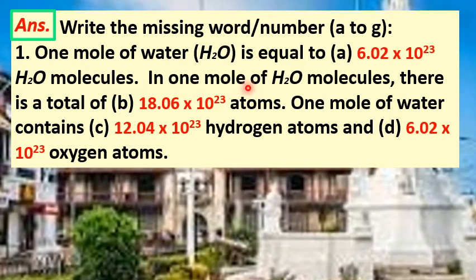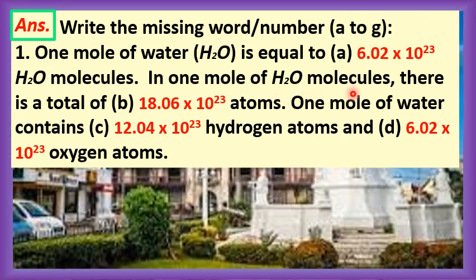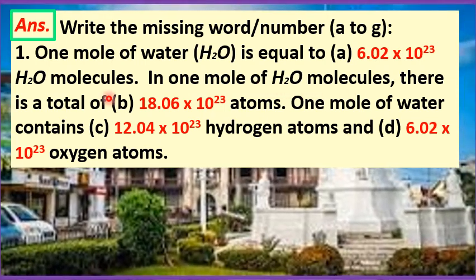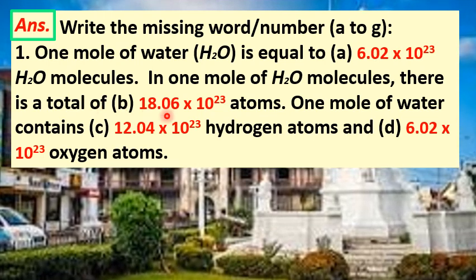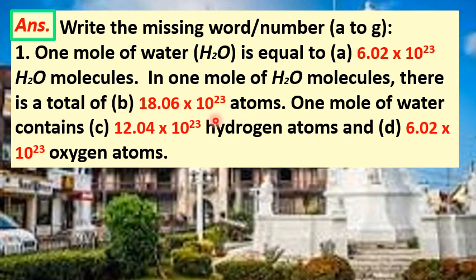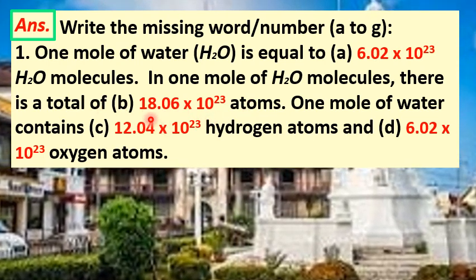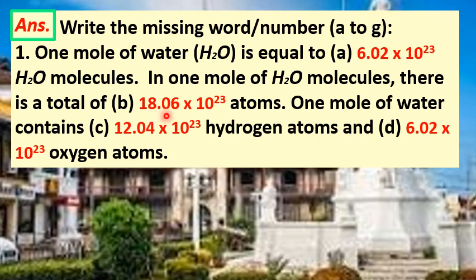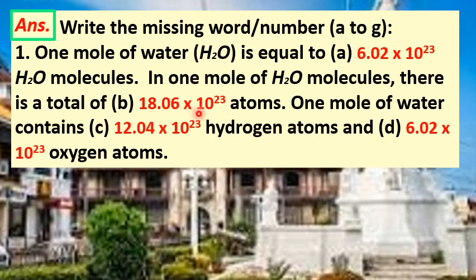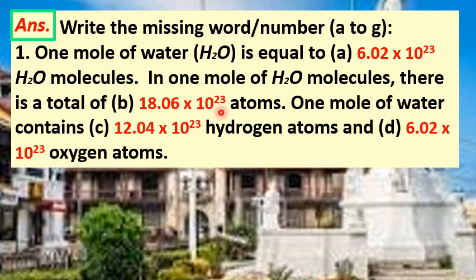In 1 mole of water molecules, there is a total of, letter B, blank atoms. The correct answer is 18.06 times 10 to the 23rd power atoms.